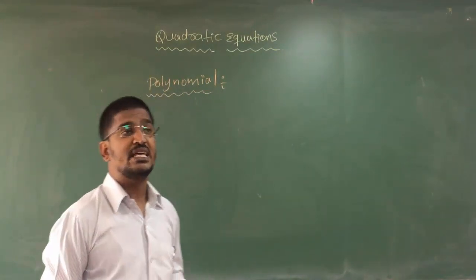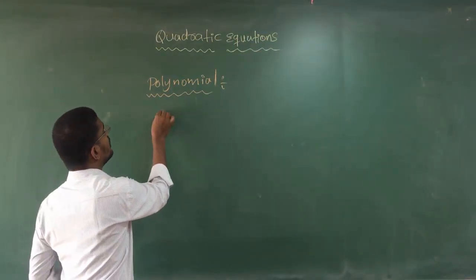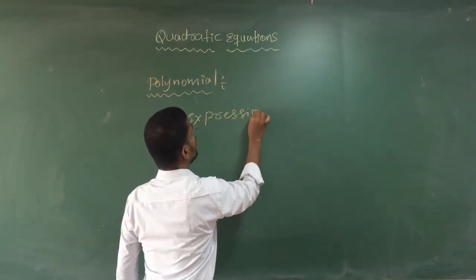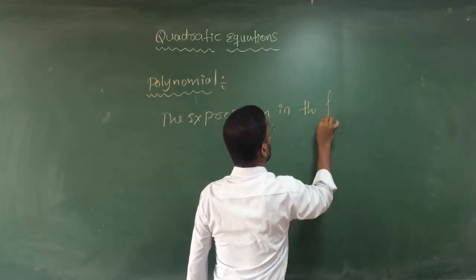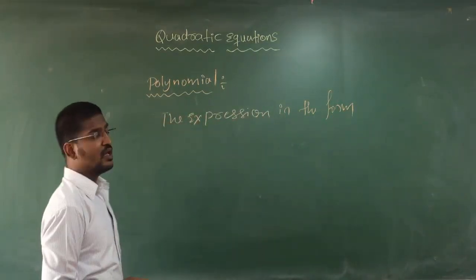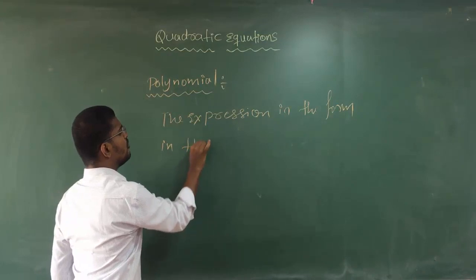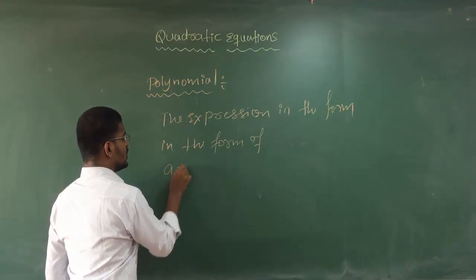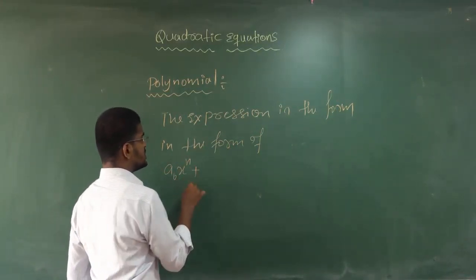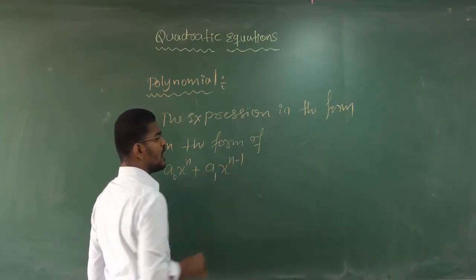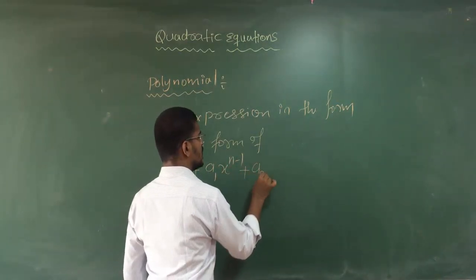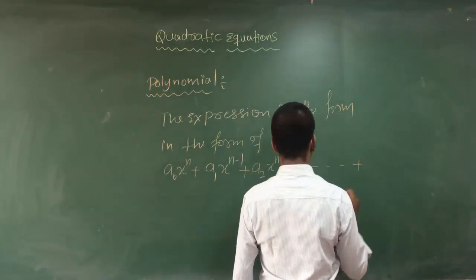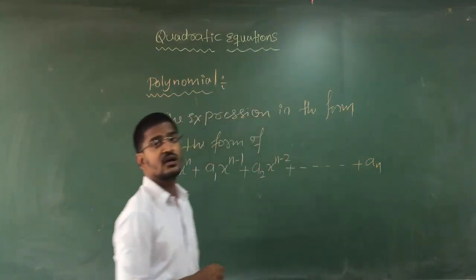So polynomial is an expression in the form of a0 x to the power of n plus a1 x to the power of n minus 1 plus a2 x to the power of n minus 2 plus so on to an. Clear?